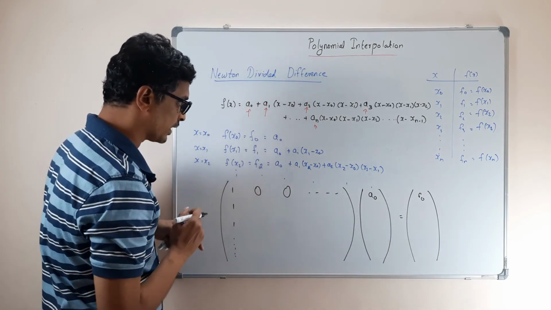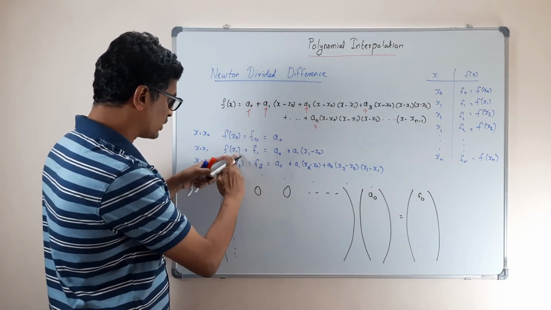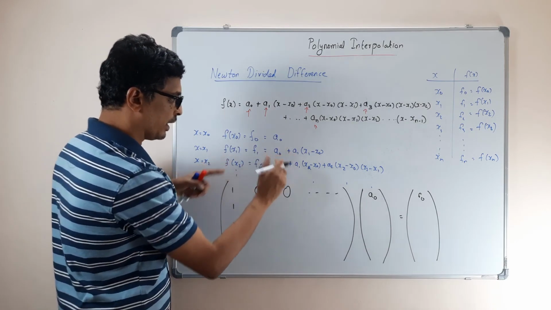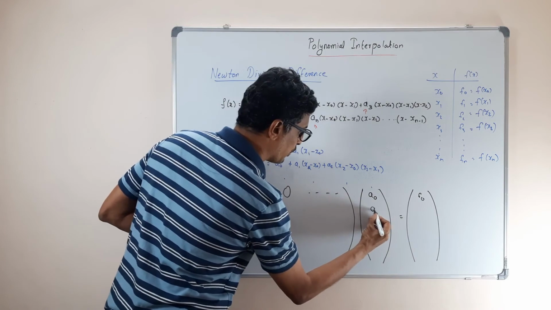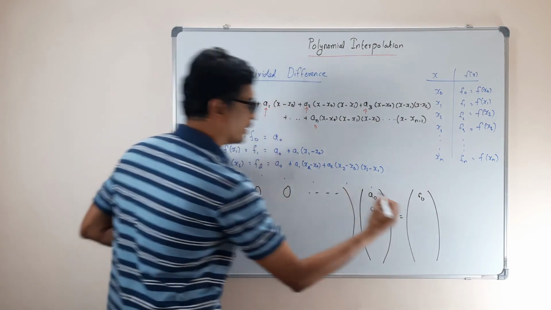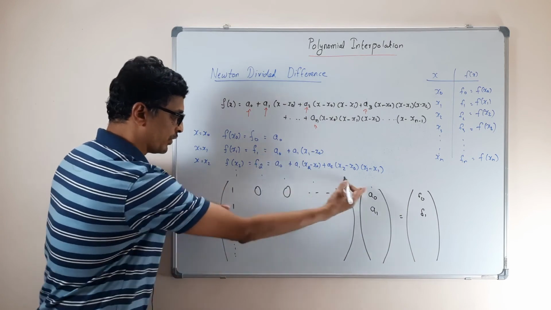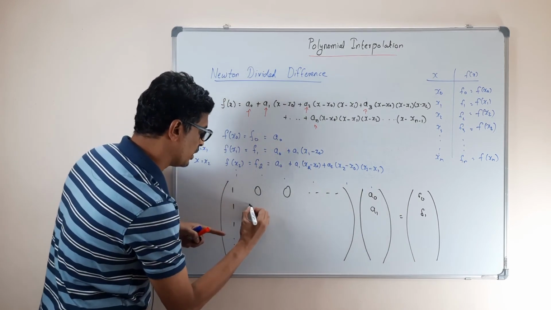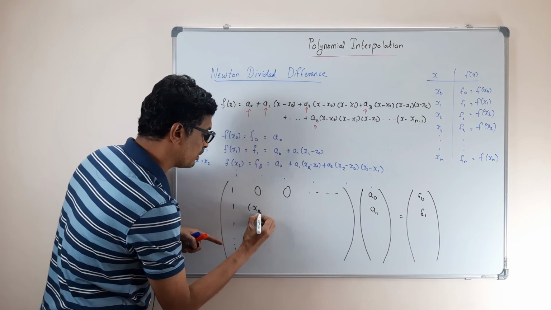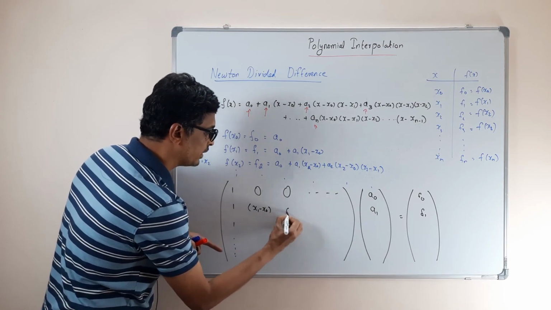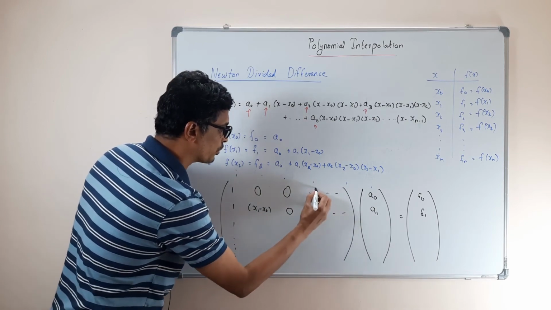And let us go for the second row. The second equation contains a0 and a1, so this will be your a1, and correspondingly here it is f1. The first term is of course a0, the second term will be x1 minus x0, and the rest of the terms will all be 0.